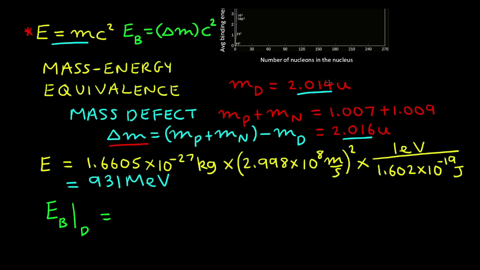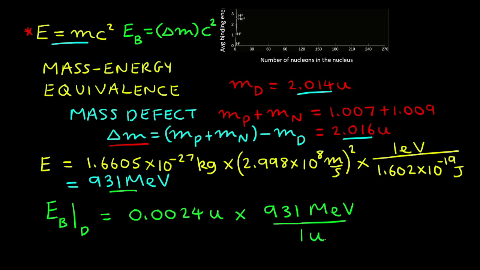If we used a few more decimal places, we'd get the mass defect as 0.0024 atomic mass units, and then multiply this by the energy of one atomic mass unit, which is 931 mega electron volts per atomic mass unit. So that gives 2.23 mega electron volts.